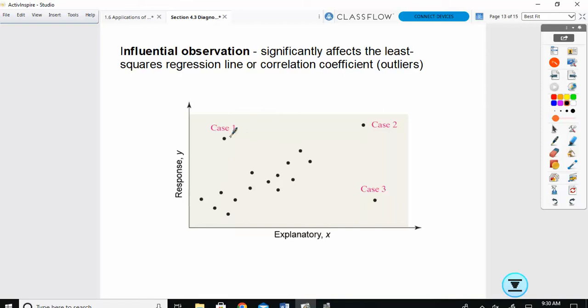Do you think the first one would change our line? Yeah, it's a lot higher. So this one is an outlier. It would have some impact on our regression line. So it is somewhat influential.